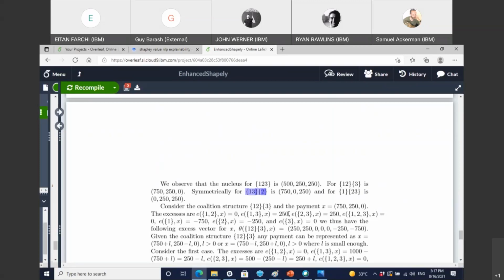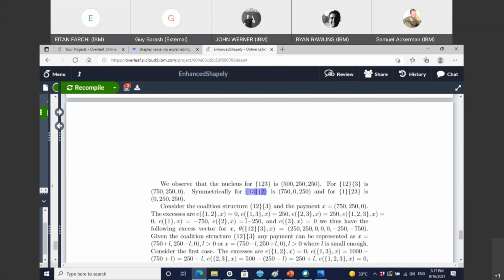So given a payment and a coalition structure, I think about all the other possible coalitions and see if you can make more money compared to the current payment the coalition members are making.